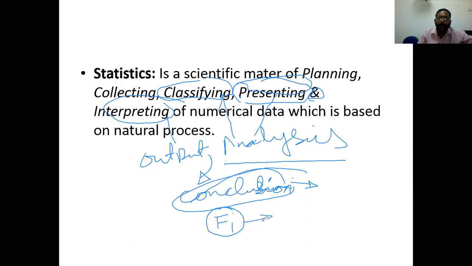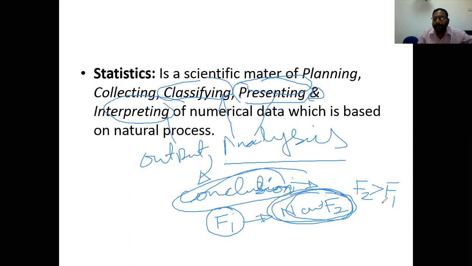Now you are testing a new fertilizer, let's say F2, which has been brought from, let's say, a European country, a new formulation saying that it is increasing the yield. Now we test this. Ultimately, F2 gives higher results than F1.